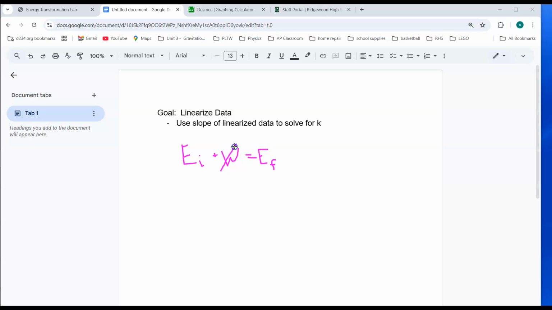Now, because it's a frictionless surface, there is no external force doing work on our person as they slide across the ice. They're going to have gravitational force going down and a normal force going up, and that's it. Those are all the forces on the person as they slide across with a constant velocity.